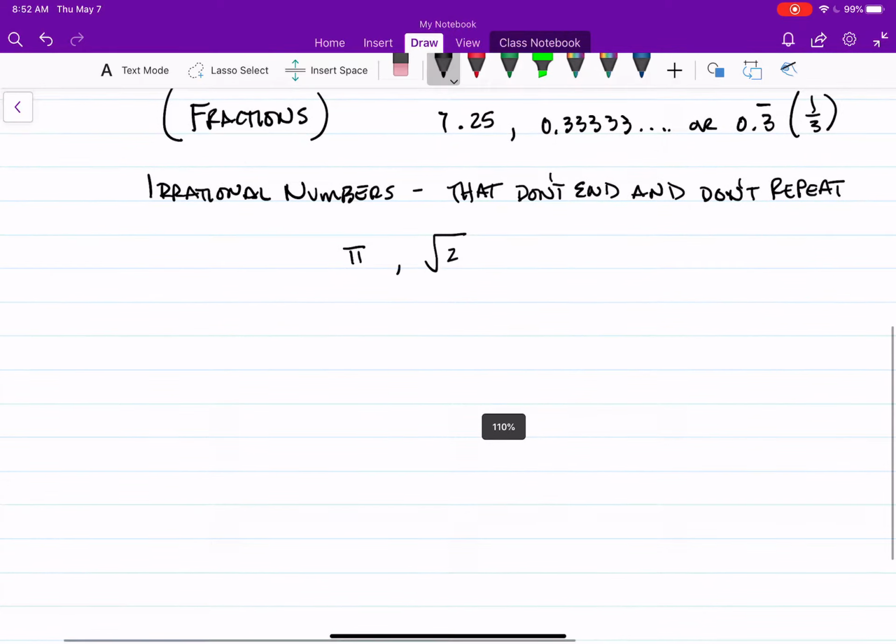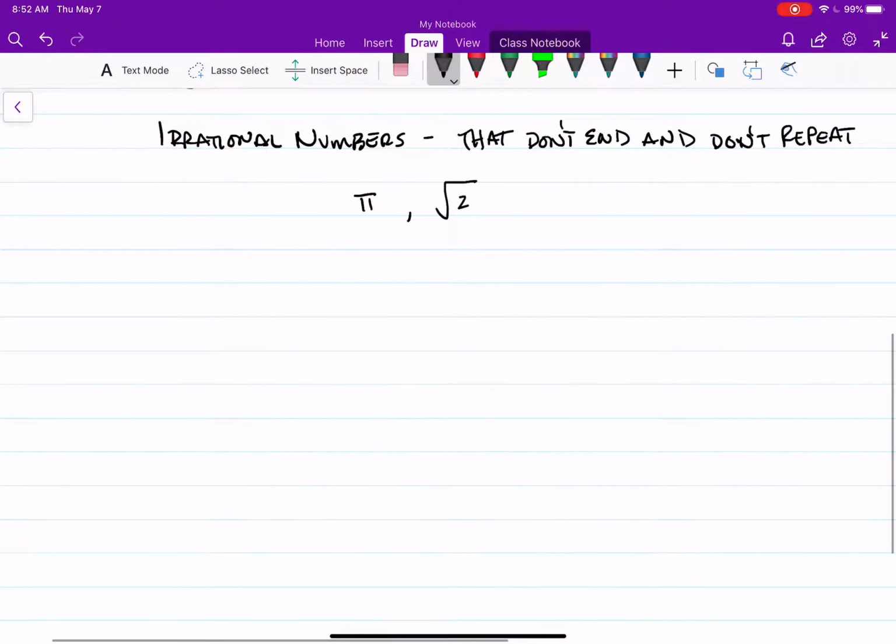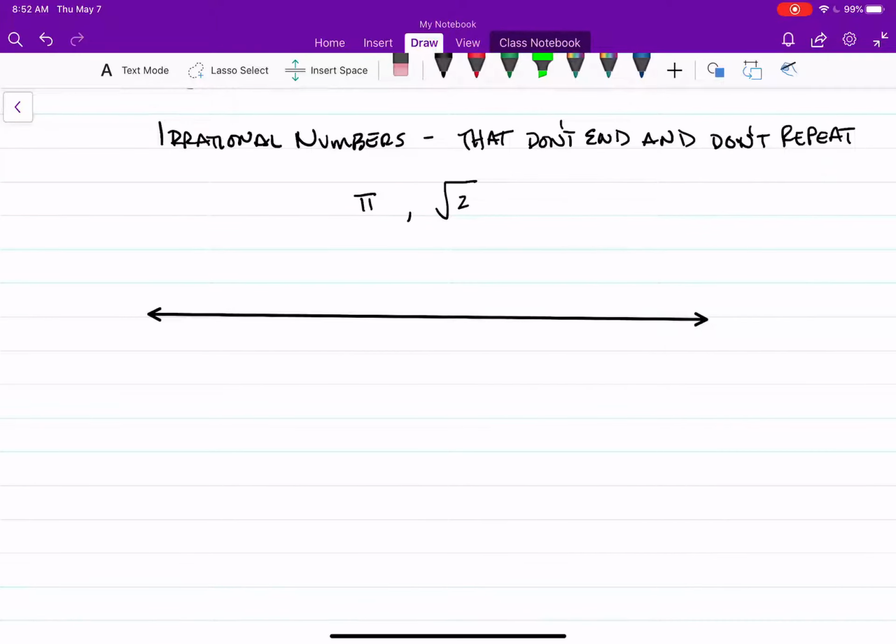All right. Okay. So what are some of the things you're going to see in here? Well, you're going to see number lines. You'll see that the center is 0. Everything to the right is going to be +1, +2, +3, +4, +5.